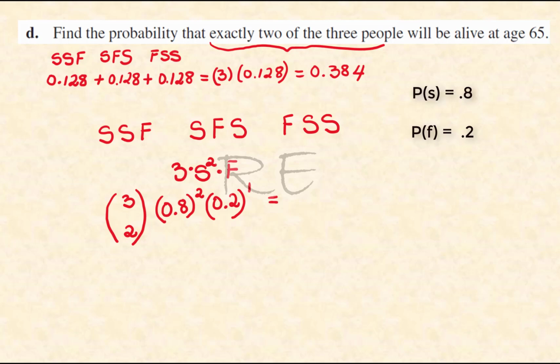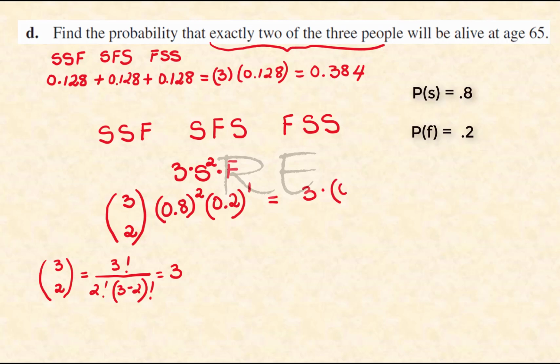Since order doesn't matter, it's a combination: 3 factorial divided by 2 factorial times 3 minus 2 factorial, and the answer is 3. So that's where the 3 comes from.